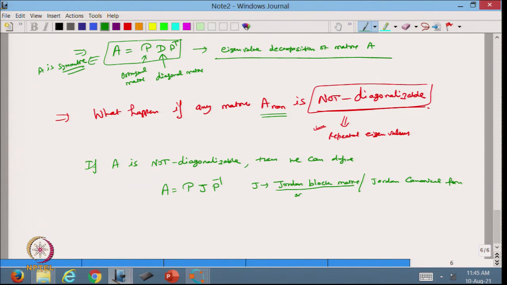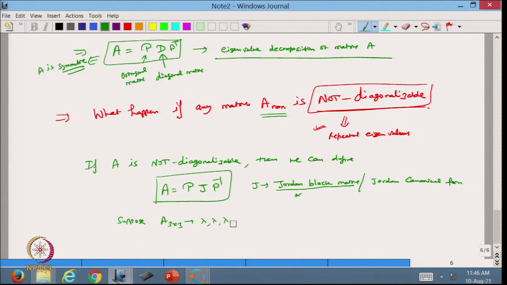J is not a diagonal matrix, but J has Jordan blocks of this type. Let us see, suppose A is a 3 cross 3 matrix, and suppose its eigenvalues are lambda, lambda, lambda.